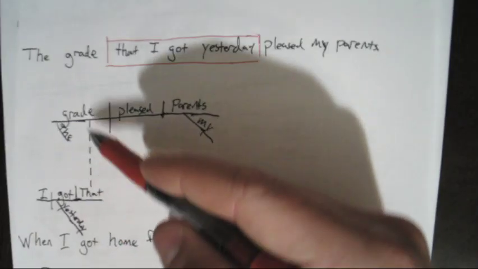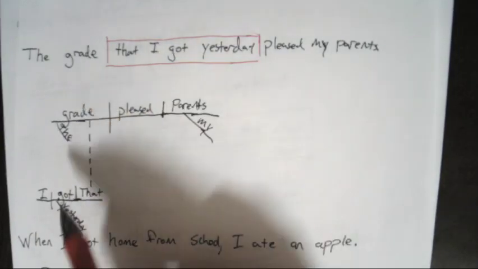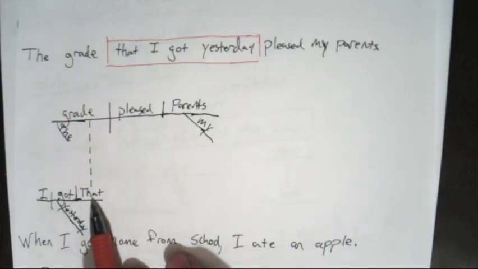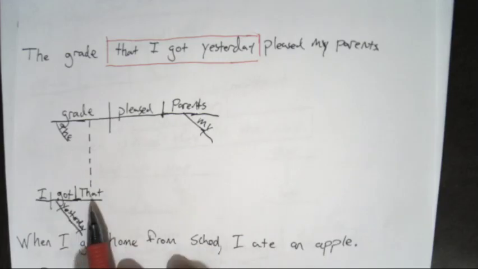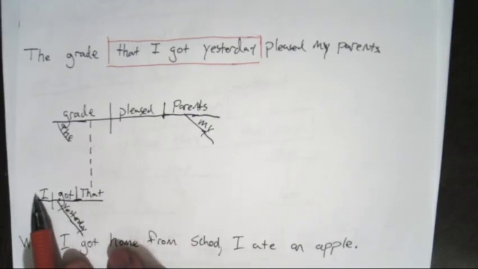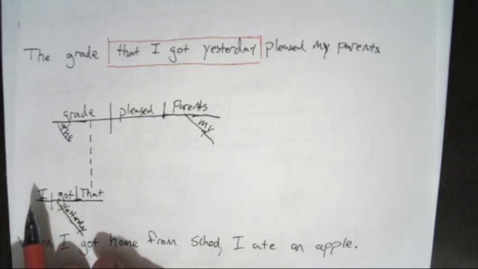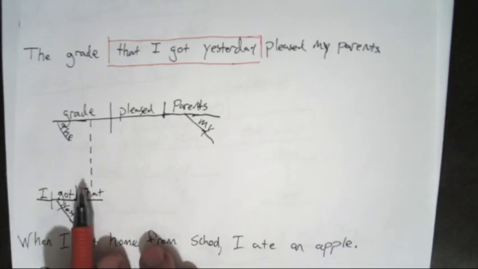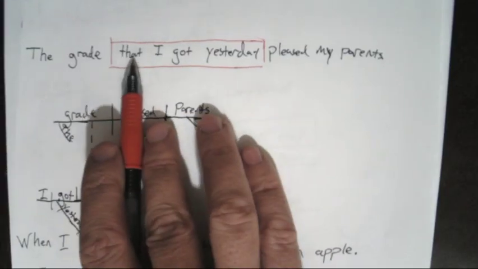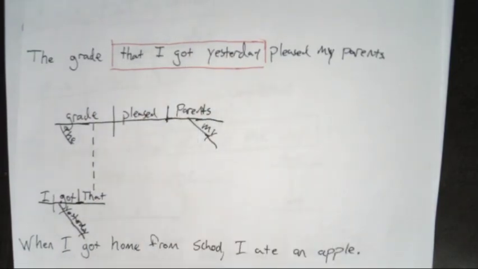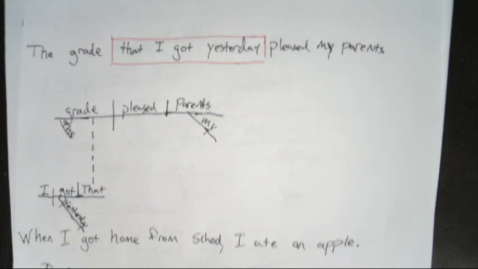So you have to connect it to its antecedent, grade, and you have to make sure that you put it at the end. A lot of people on a similar problem yesterday were putting that at the beginning, and it said like, that got I. Well, that doesn't make any sense, right? You have to get this in the correct order. It's not going to necessarily be the order that it was originally in the sentence. You just have to find the subject, the verb, the direct object, etc. All right.